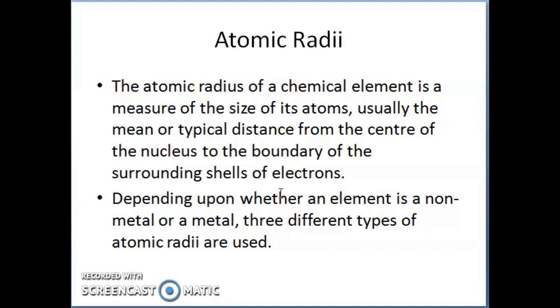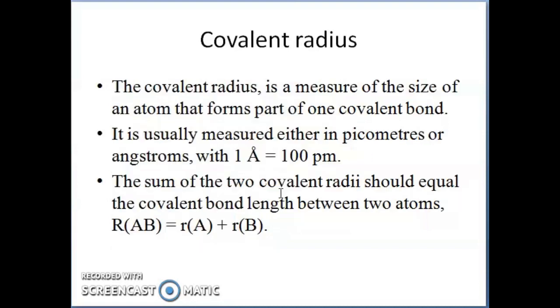Depending upon whether the element is a non-metal or a metal, there are three different types of atomic radii used. The first one is called covalent radius. What is covalent radius? It is a measure of the size of an atom that forms part of one covalent bond.